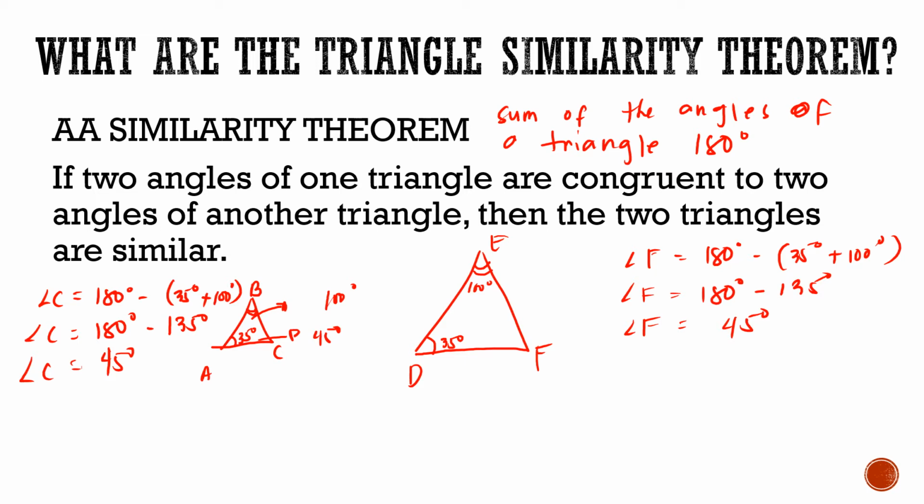Therefore, the statement is true by the AAA similarity postulate. Since it satisfies the postulate, the two given triangles are said to be similar by the use of the AA similarity theorem. Take note, if two given corresponding angles are congruent, automatically the two given triangles are said to be similar by the AA similarity theorem.